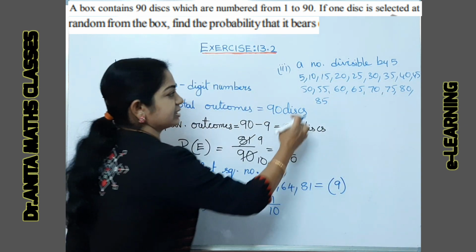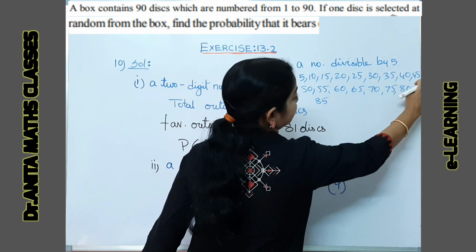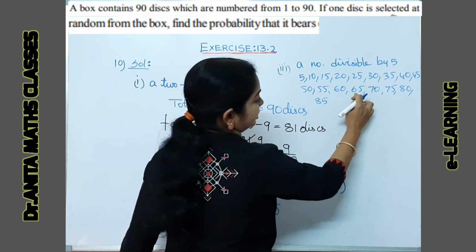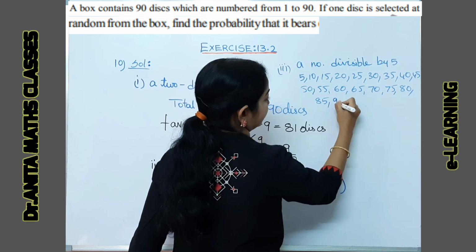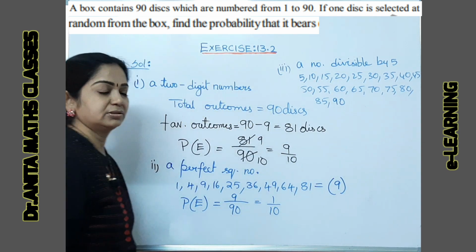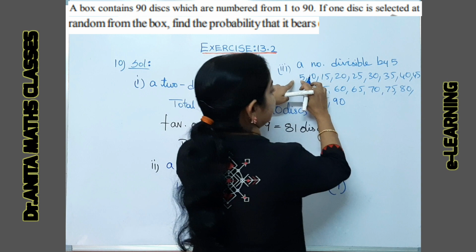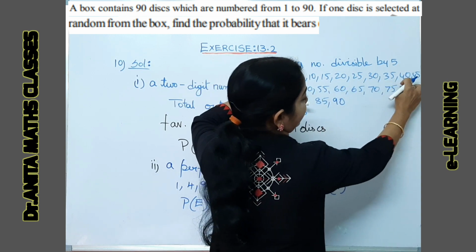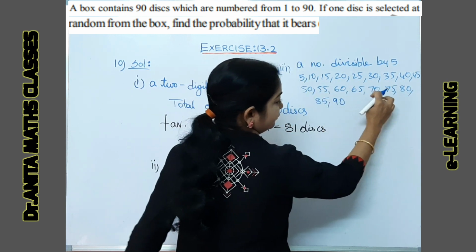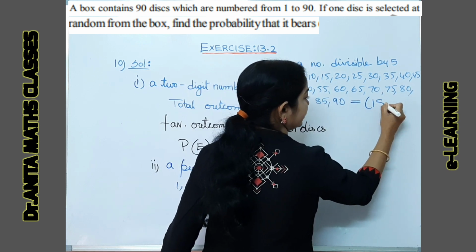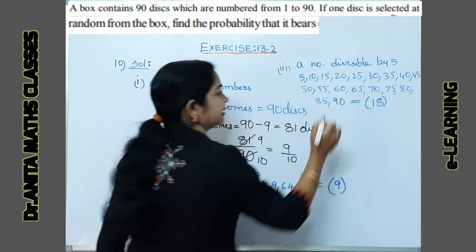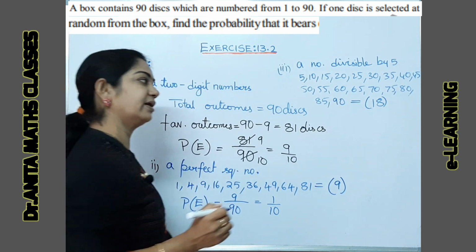So, how many numbers? Let us count: 5, 6, 7, 8, 9, 10, 11, 12, 13, 14, 15, 16, 17 and 18. So, the favorable outcomes, the numbers divisible by 5, are 18.